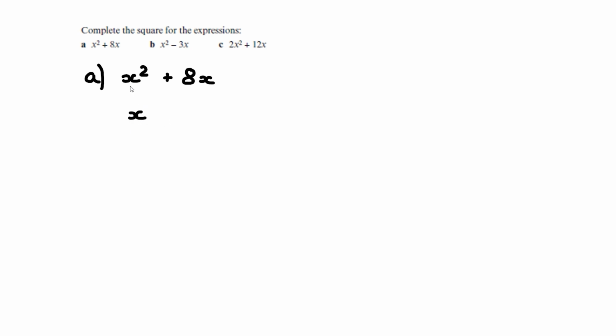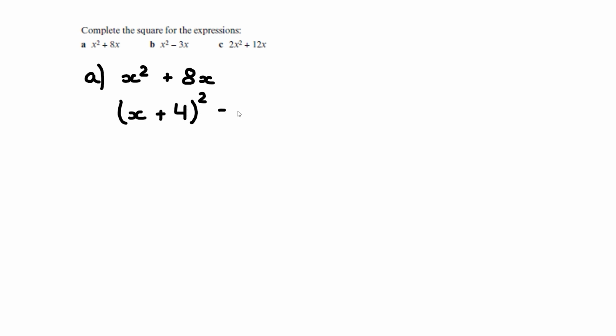They basically divided this by x and divided this coefficient by 2, so they had x plus 4. And then they squared this entire bracket. That's the first thing they did. The second thing they did is they took this term and subtracted the square of it.